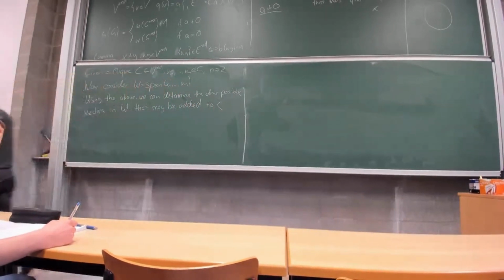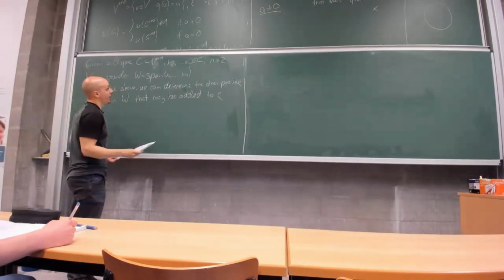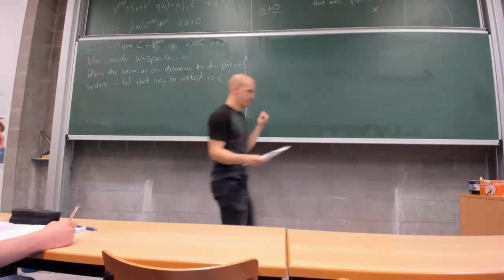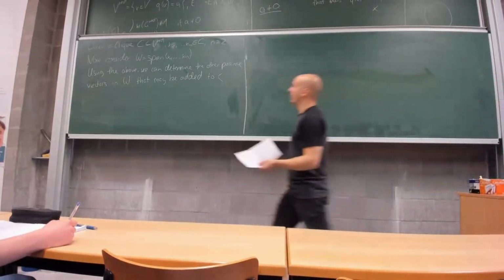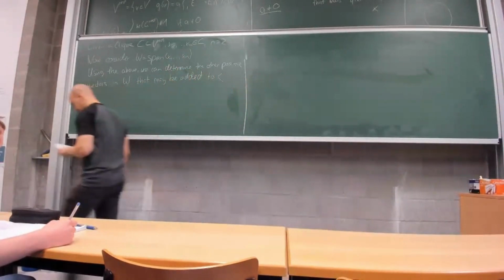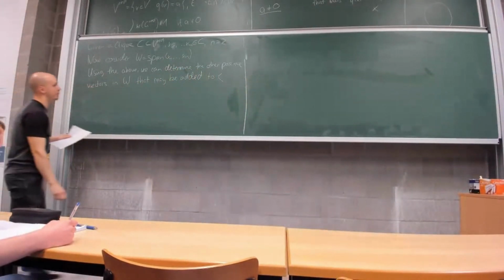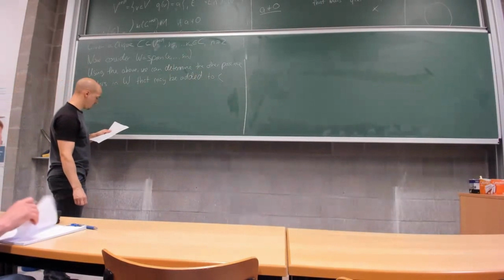Of course, it's not a maximal clique in general. In fact, these are not very many. There's at most one vector that we can add to a clique, when we are given those.